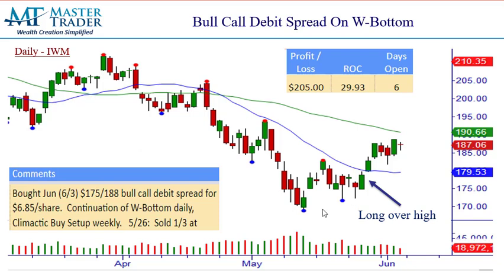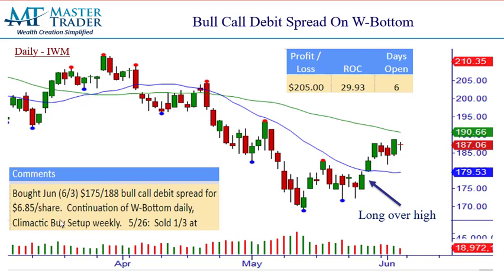Then by selling the 188s, which you can see was a perfect short strike to sell, we lowered our cost basis like we did in XLE. You want to pick a far enough strike where you think the stock's not going to go through, because if it just barrels through your short strike, you still make your maximum gain, but you're capping your gains.